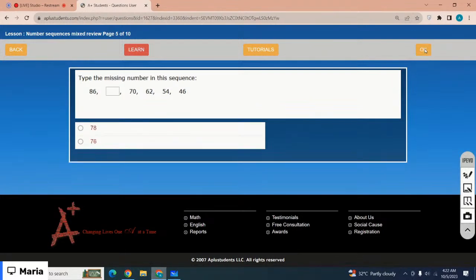Okay, type the missing number in the sequence. So which number is missing? The pattern is decreasing by 8, isn't it?